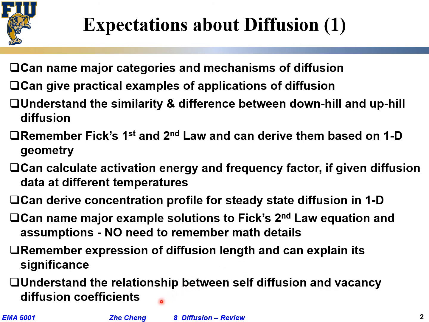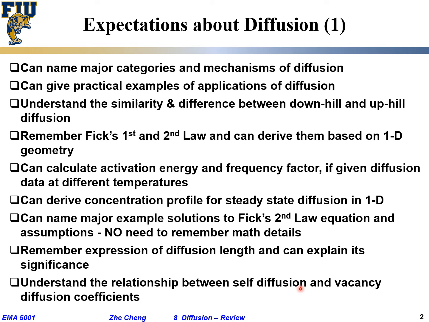I also expect students to be able to understand the relationship between self-diffusion and the vacancy diffusion. Okay, we said within the material, the vacancy would also be able to diffuse, and the vacancy can jump to any nearby locations. While self-diffusion, in order for it to happen, not only the atom has to vibrate to attempt to jump, but it also needs a vacancy to be nearby, to be in the next location in order for the self-diffusion to happen.